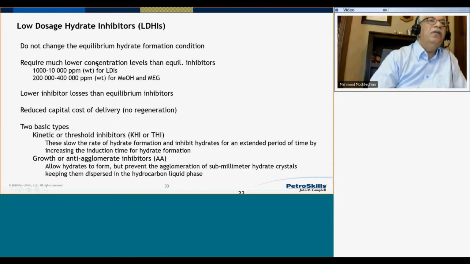So let's talk about low dosage inhibitors as well. As we mentioned, they do not change the equilibrium hydrate formation condition. In other words, they don't shift the hydrate curve to the left.